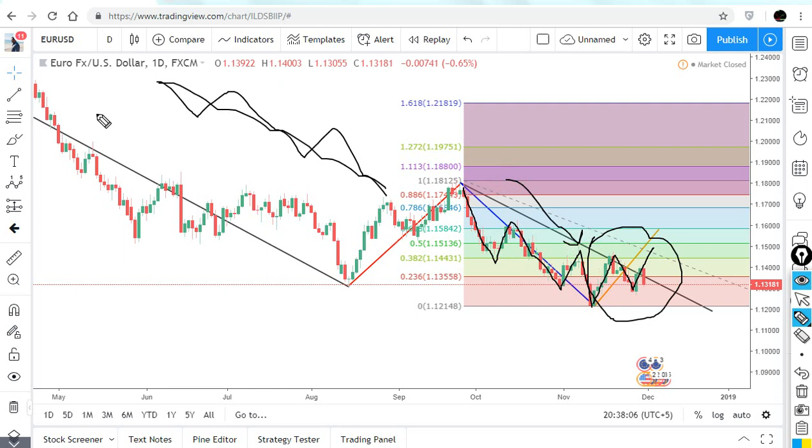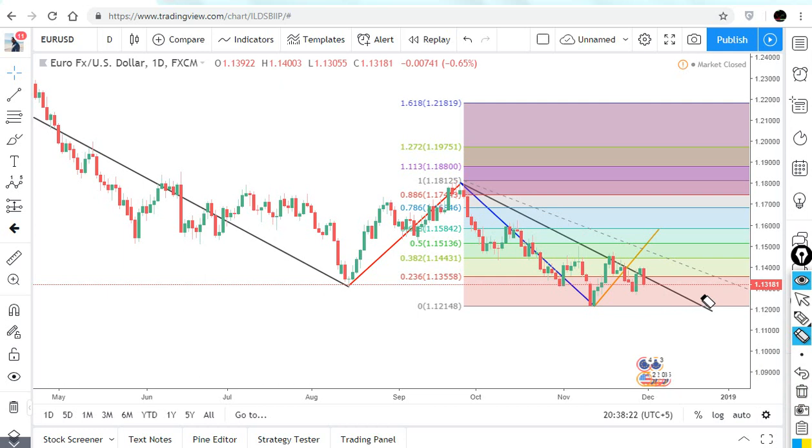Just like it, you see an impulsive wave come here, and then you see a zigzag here, because this is your correction. So it must be done in this way, according to rules.